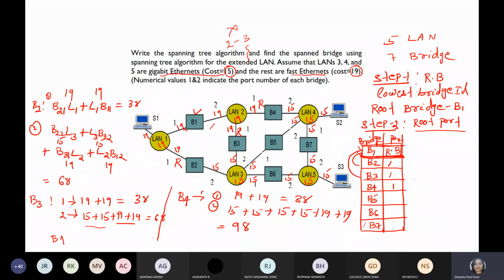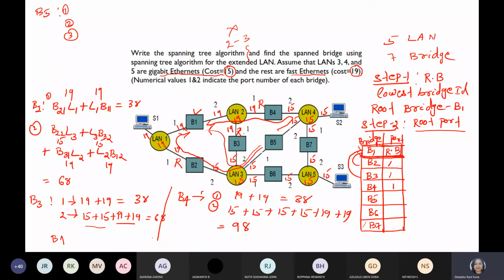Okay, then for bridge 5, how many possible paths are there? One path in this direction. Again, from bridge 1 itself, you can take this path. Again, from bridge 2 port 2 to bridge 5 port 2, this is one path. Three paths are there for bridge 5. Can anybody say the cost of path 1, path 2, path 3?